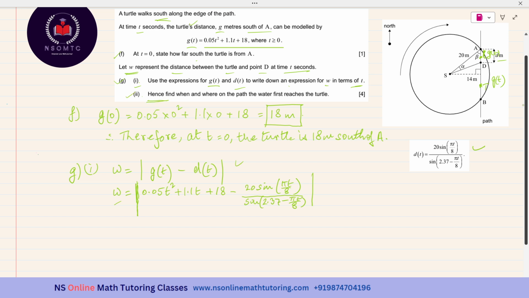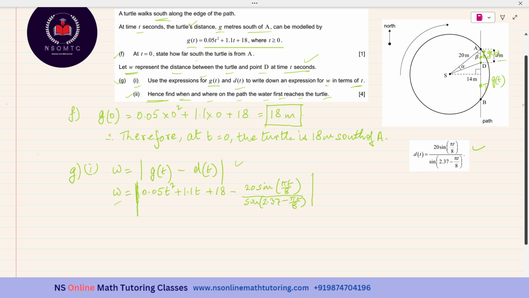Hence, find, hence means we will be using this one. Find when and where on the path the water first reaches the turtle. Okay, and we know that the water crosses at t seconds. So the water crosses the movable point D. That we know. The question said that.